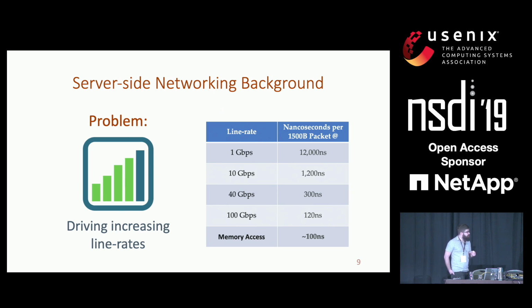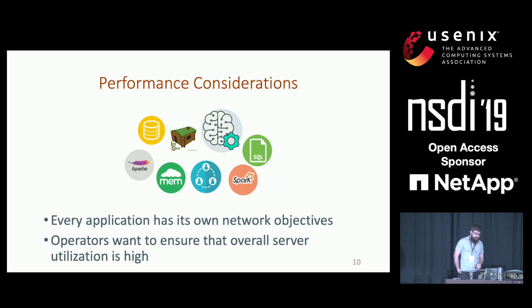Okay, so one of the reasons that these increasing line rates are a problem is because we're getting closer and closer: the per-packet processing time that we have to meet is now very close to our memory access latency. Here we can see that even if we're processing maximum-sized packets at line rate at 100 gigabit per second, we have 120 nanoseconds per packet to do so, when that's roughly about the exact same amount of time we have for a single memory access.